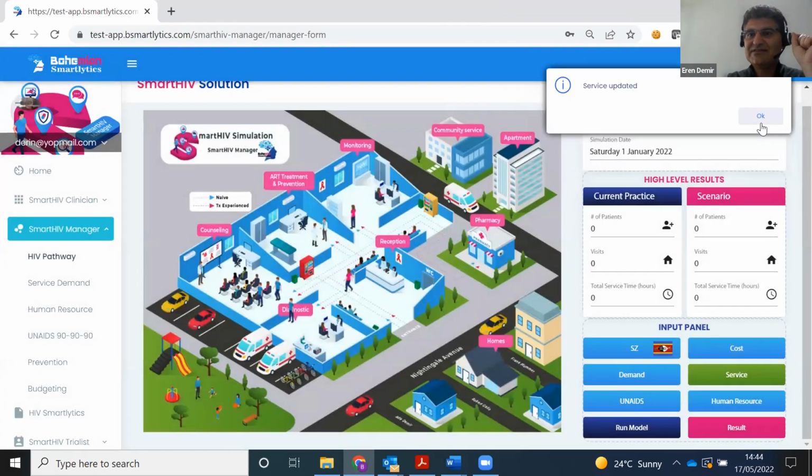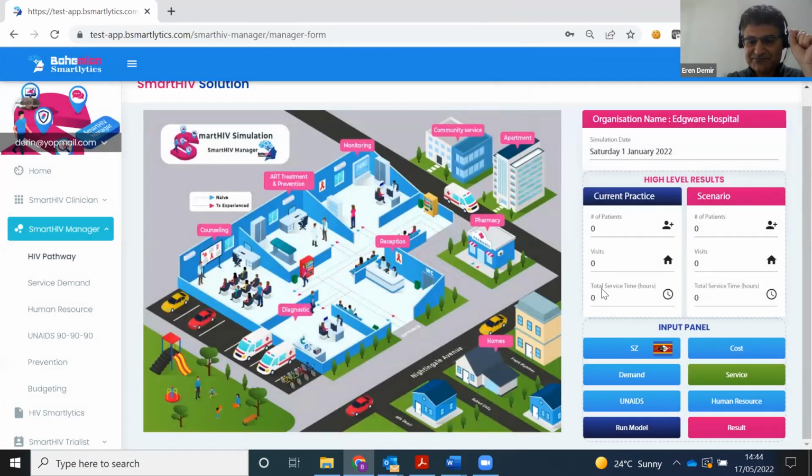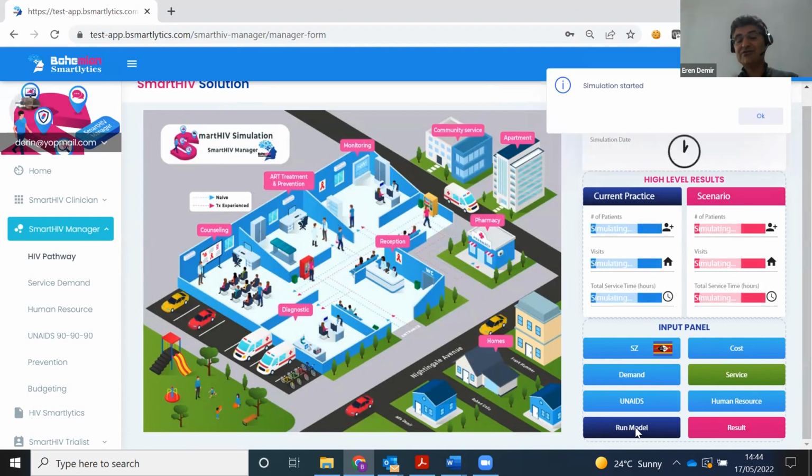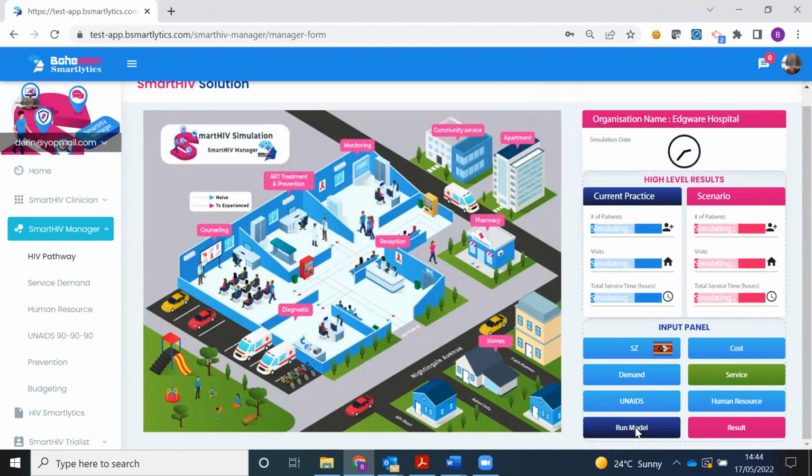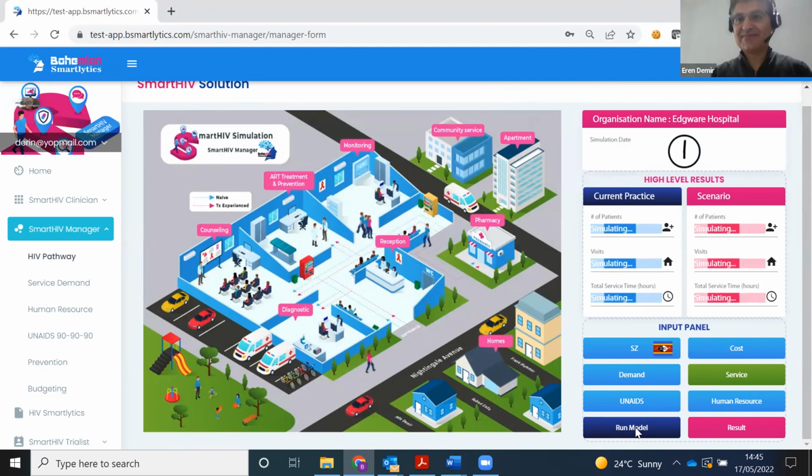I'm going to run this scenario now. Let's see what it looks like. This might take about a minute or more because you've got 109,000 patients, plus, in fact, we're doing it twice. It's going to run scenario 1, which is your current practice as it is, and it's also going to run scenario 2, the intervention.